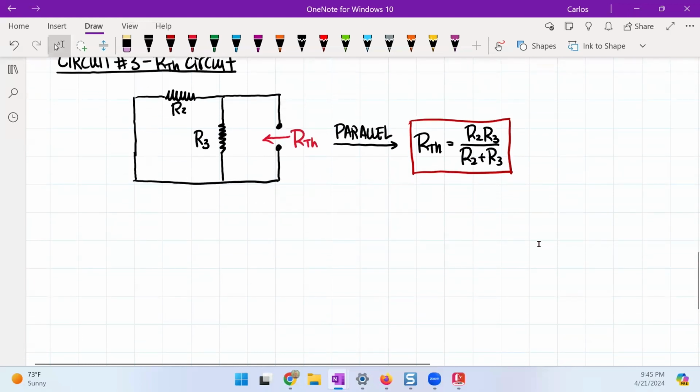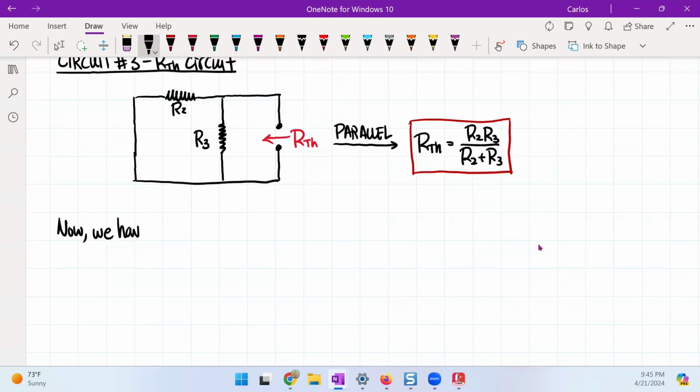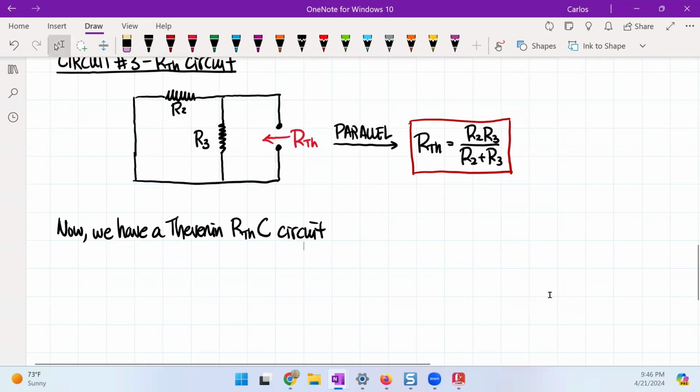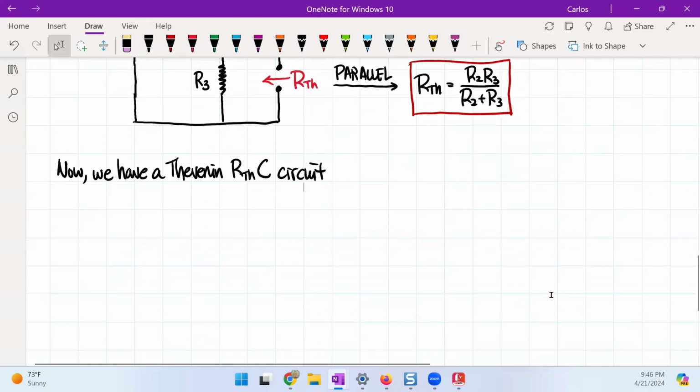I don't consider the Thevenin a circuit that you have to solve for because we already have all the parameters. So now we have a Thevenin RC circuit. If I draw this out, it's going to look something like this.